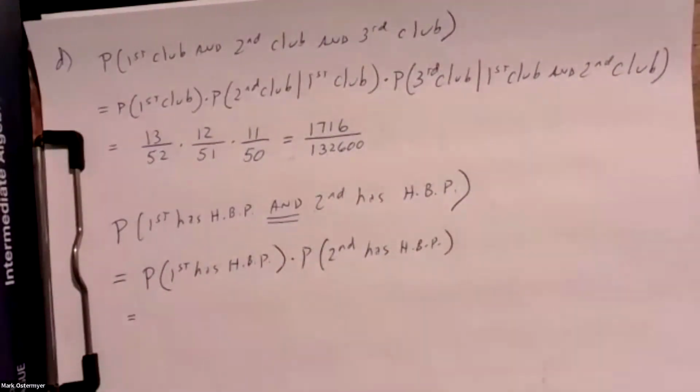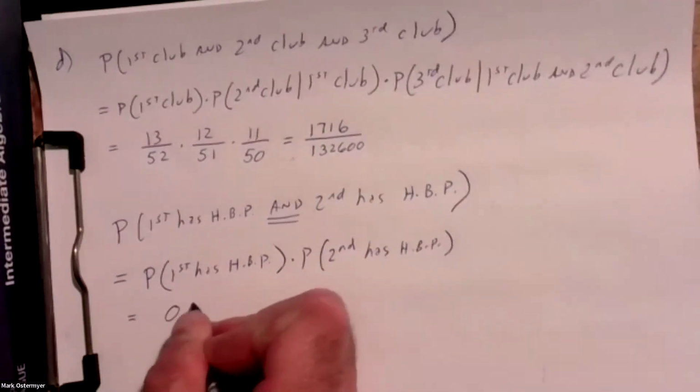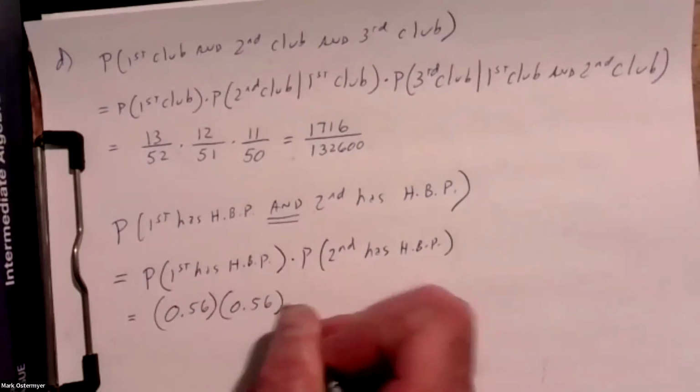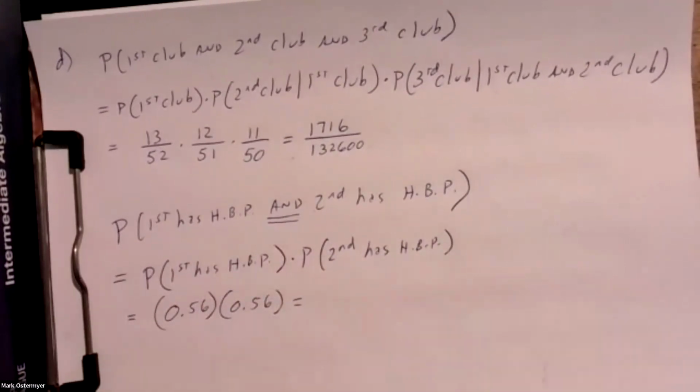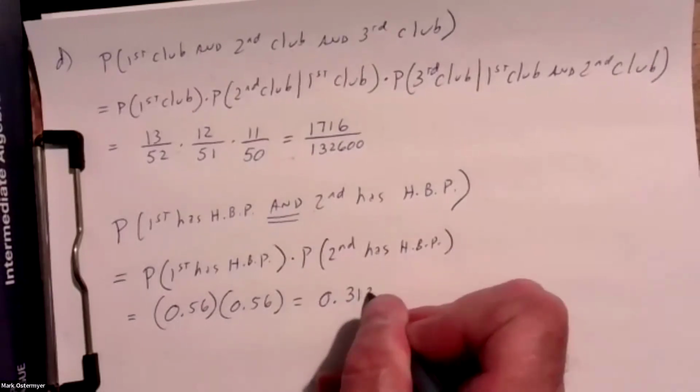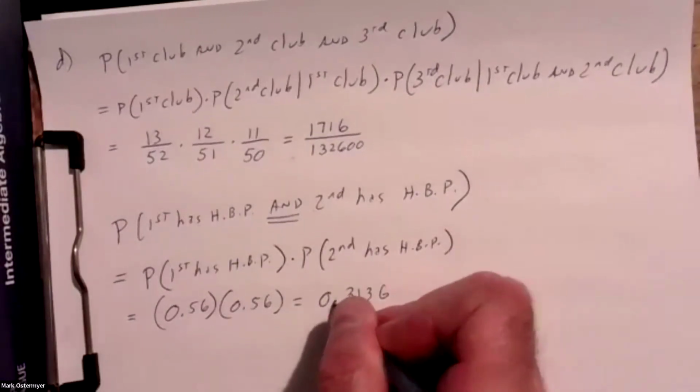Well, they told us in general that any patient selected would have a probability of 56% of having high blood pressure. So this is going to be 0.56 times 0.56. Get on your calculator, dial it up: 0.56 times 0.56 is 0.3136. Okay.